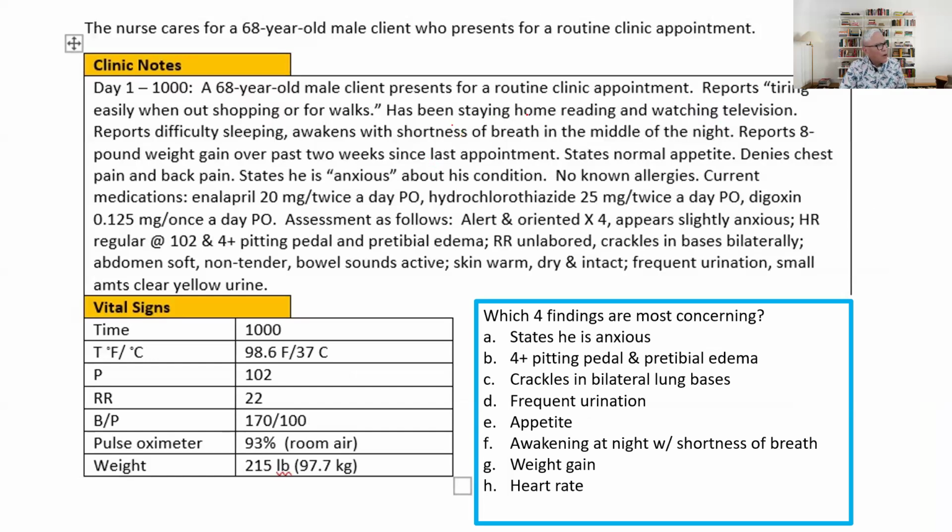He has been staying home, reading and watching television. Reports difficulty sleeping, awakens with shortness of breath in the middle of the night. Reports an 8-pound weight gain over the past 2 weeks since the last appointment. He states normal appetite. He denies chest pain and back pain. States he is anxious about his condition.